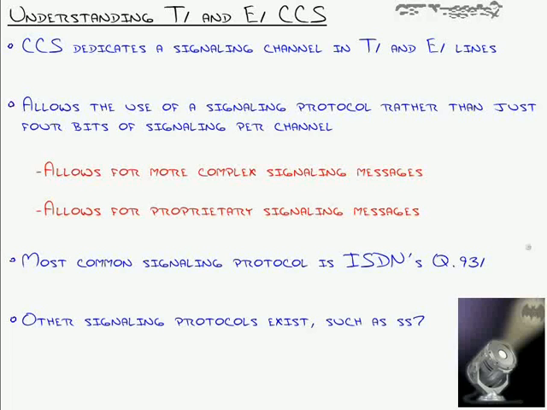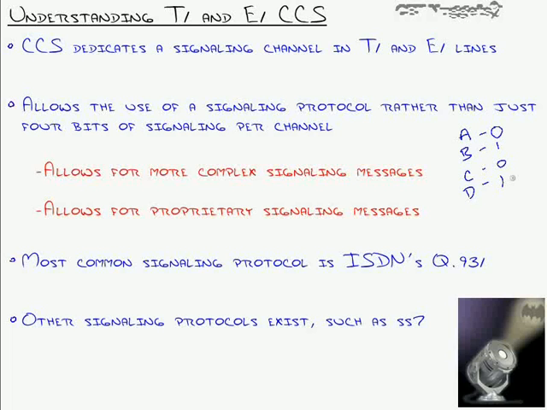Now remember, when we had our T1 robbed bit signaling connection, we were able to put together the 6th frame, 12th frame, 18th frame, and 24th frame with our extended superframe. We got 4 bits, something like 0, 1, 0, 1, that we could send with signaling. Now, if you only have 4 bits to put signaling together, there's not that much that you can send.